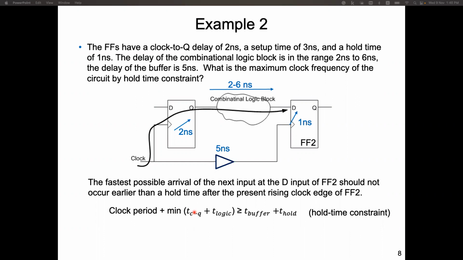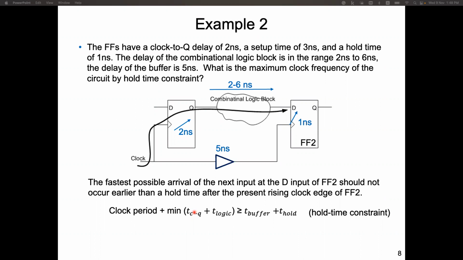If we consider the setup time constraint of this case, I think the period may be longer. Yeah, we have two constraints, then we choose the stricter one. In this case the hold constraint is less stringent than the previous case.